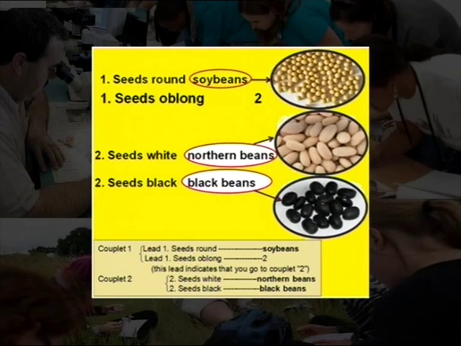The first lead of this couplet is seeds round, which signifies soya beans. Then the second lead of the first couplet is seeds oblong. It indicates that we have to move to couplet number 2. The couplet 2 has two leads with seeds white, which demarcates northern beans, and seeds black, which demarcates black beans.